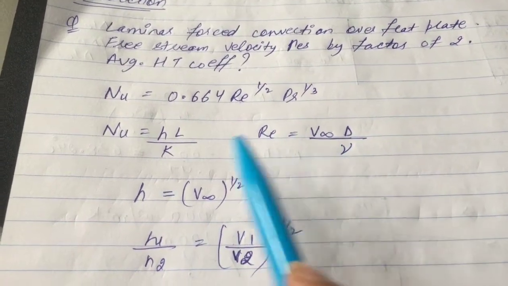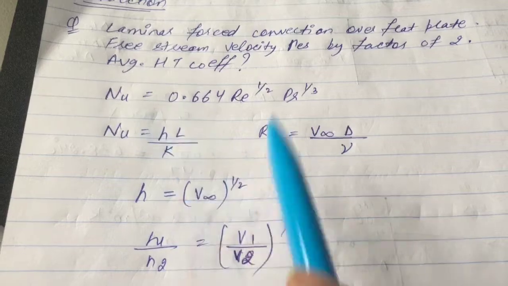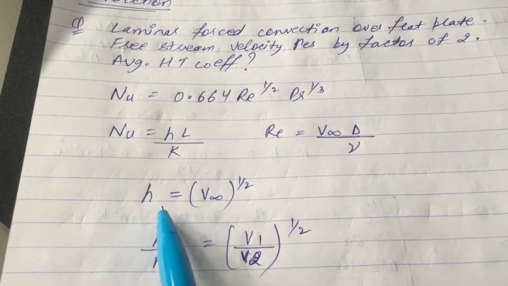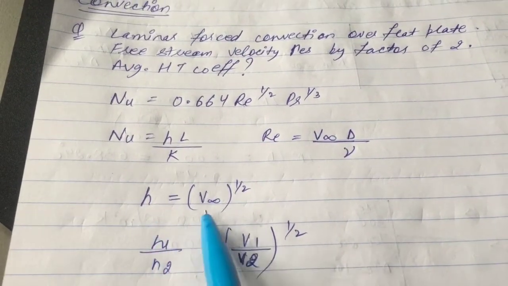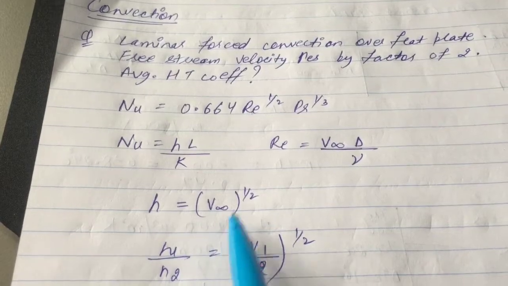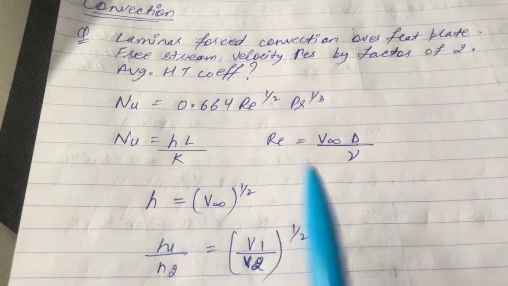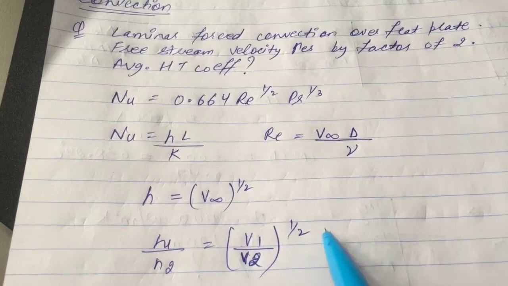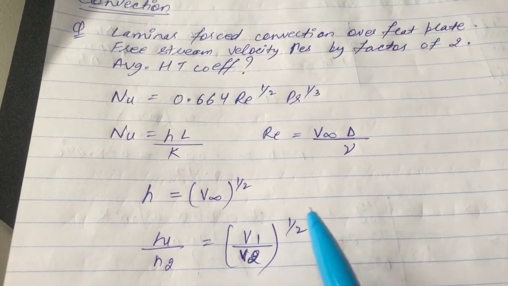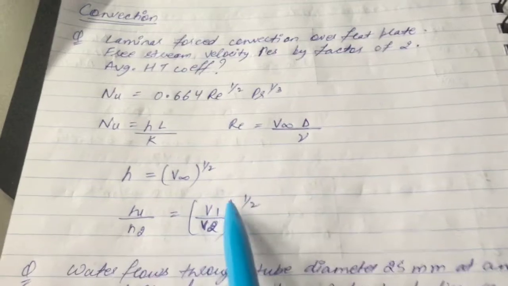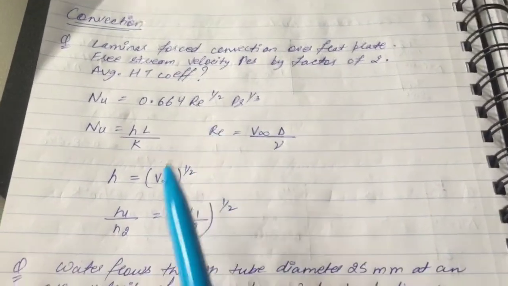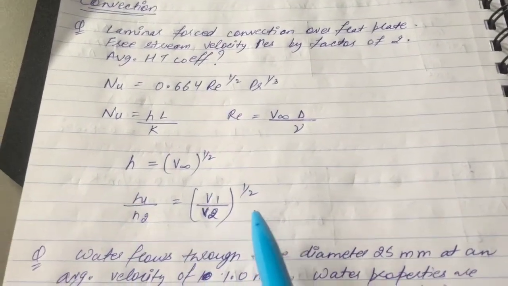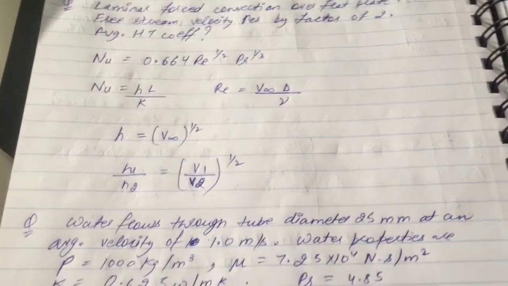So from this relation, we see that our heat transfer coefficient is proportional to velocity to the power half, the square root of velocity. So h1 by h2 would be equal to (v1 by v2) to the power half. This is how the average heat transfer coefficient can be calculated.